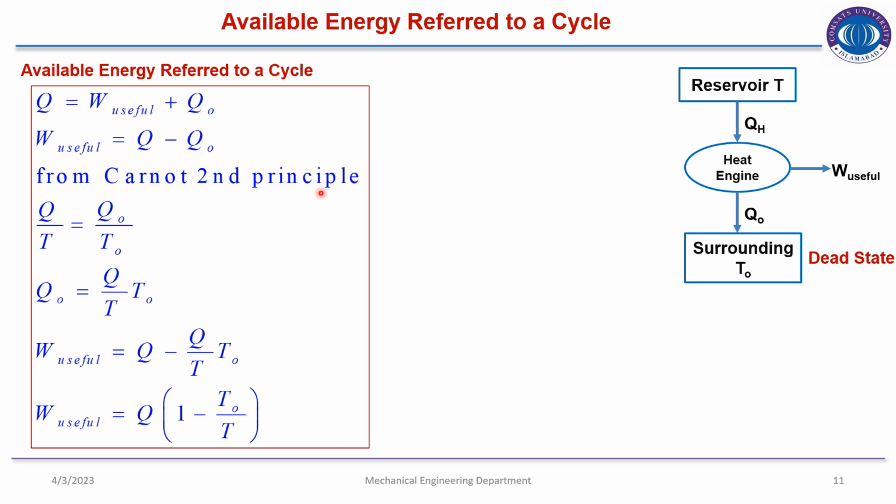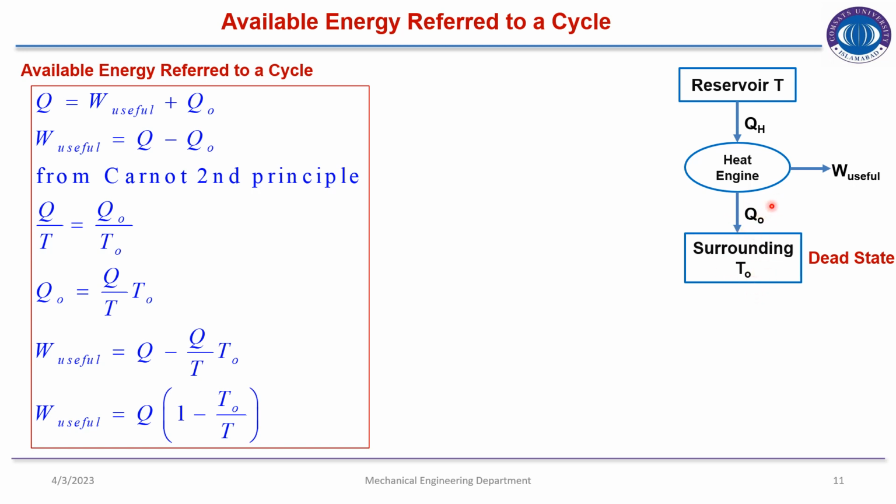From Carnot's second principle, we have already studied the Carnot first and second principle, Q by T is equal to Q naught by T naught. So QH over T is equal to Q naught divided by T naught.